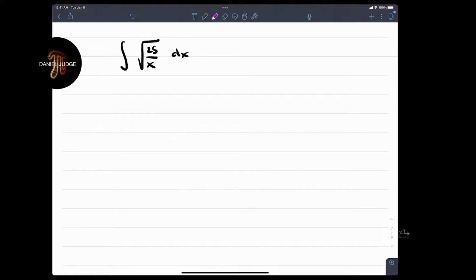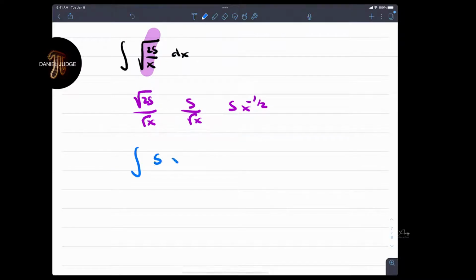Now, you're going to have some algebra here. So the quotient rule for radicals is what you're looking at. And this is just going to be 5 square root of x, which gives you 5x to the minus 1/2. So we're going to integrate 5x to the minus 1/2 dx.